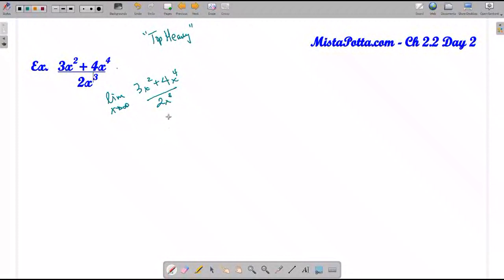And I'm always going to want to look at this dominant term in my denominator. I'm going to end up dividing by the dominant term in the denominator.